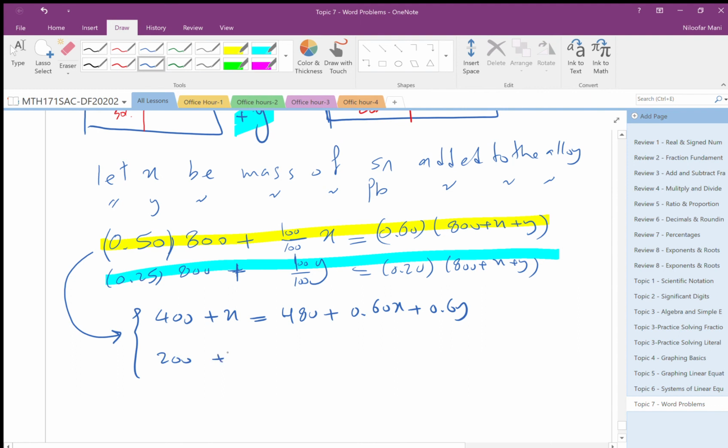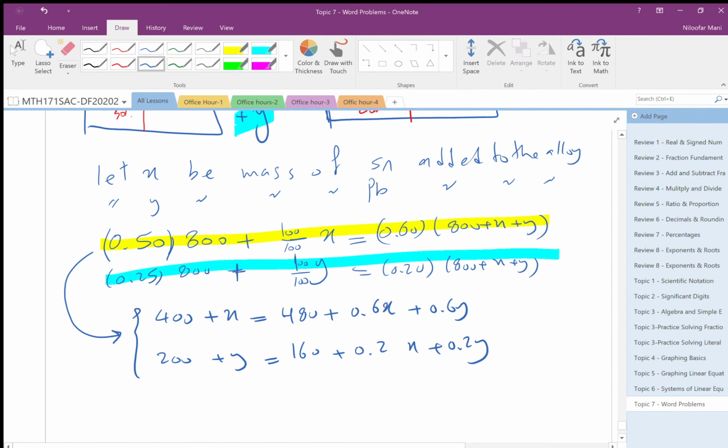And 200 plus y equals 160 plus 0.2x plus 0.2y. Okay, that's it. I don't need to make it harder, so I do this.